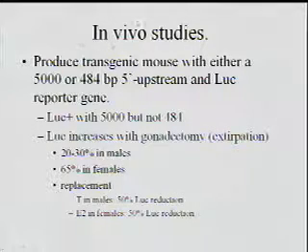So also with in vivo studies from those transgenic mice, they put in the 5,000 or the 484 base pair 5' upstream region with the luciferase reporter gene. So this is what we were talking about earlier. You can either use this approach to produce a tumor to immortalize cells either without putting in a gene of interest or with putting in a gene of interest.